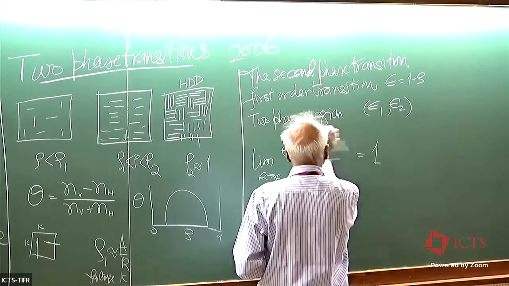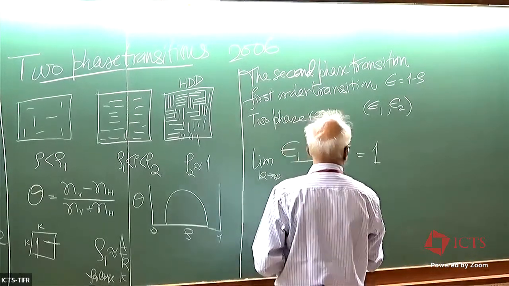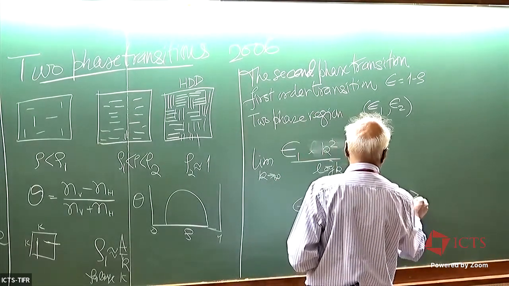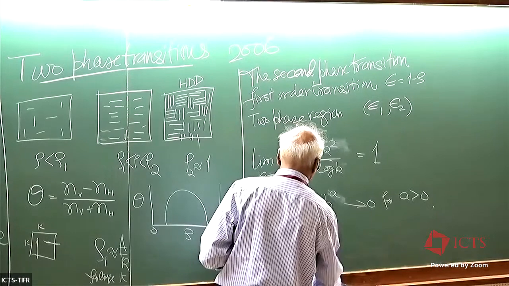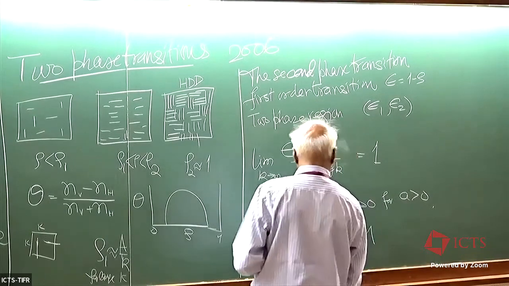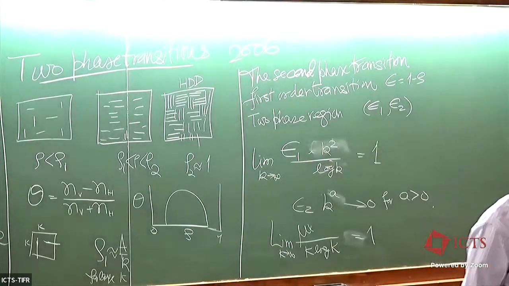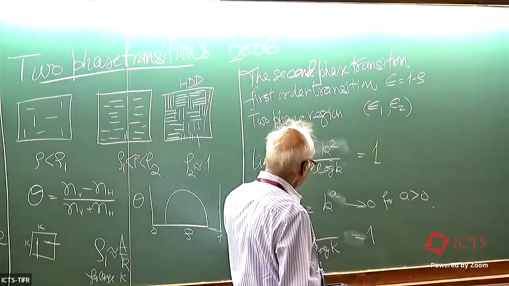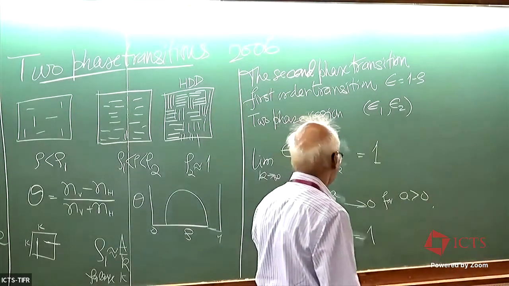So in the limit of large k, you can actually show that this phase transition is first order, and you can determine the chemical potential mu star at which the phase transition occurs.